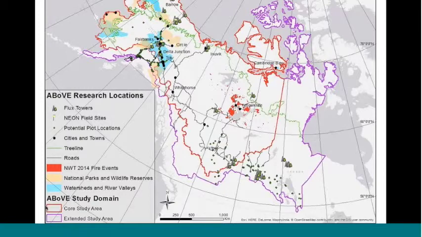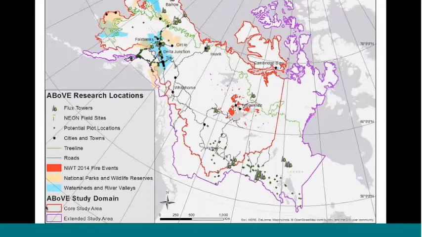And then in Canada, those big red blotches in the middle of the map indicate these fire events, which I just showed you a photograph of an example of. So there is a lot of activity that we'll be focusing on there in terms of disturbance regimes and what happens after disturbance in terms of recovery.